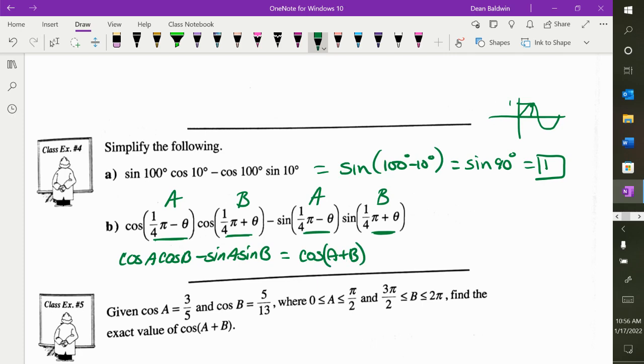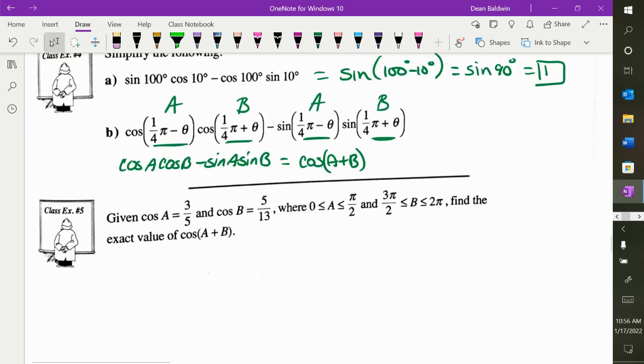What did I label as A? 1/4 pi minus theta. So I go, that's your A value. What's your B value? 1/4 pi plus theta. So I'm adding, so there's my A. I'm adding my B.